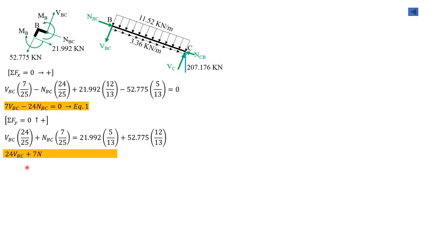Simplifying, 24 V sub BC plus 7 NBC equals 1429.346. That's equation 2.